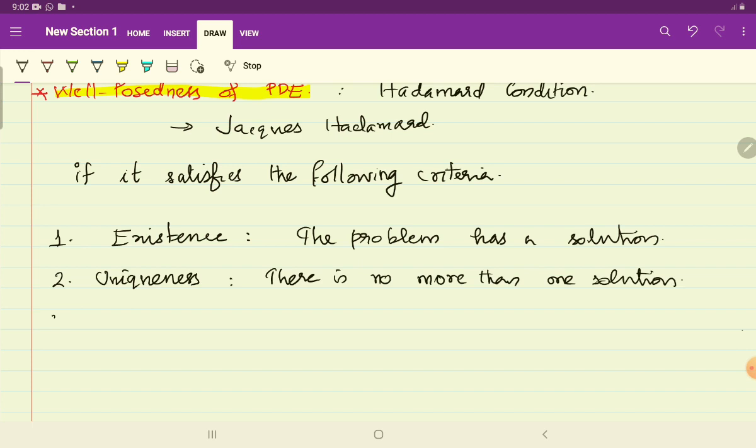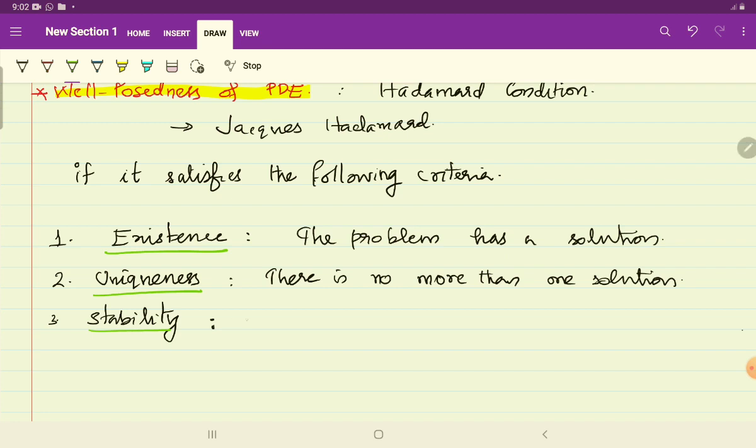And the third property is stability. Stability means a small change in the equation or in the side conditions gives rise to only a small change in the solution.